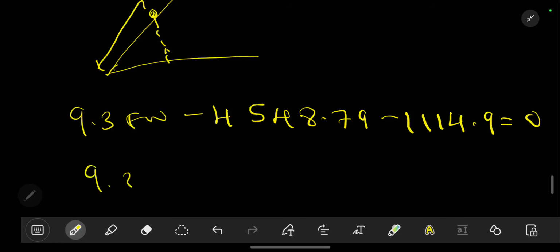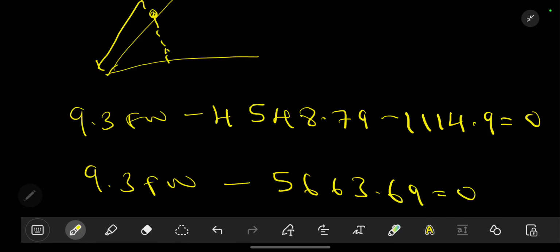So we are going to have our 9.3 FW. So we are going to have our 4,548.79 minus our 1,114.9. We are going to have minus 5,663.69, which should be equal to 0.